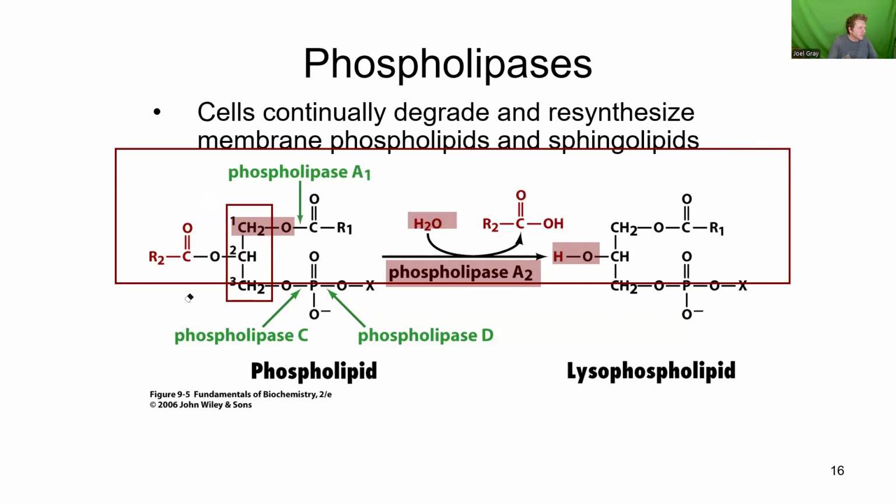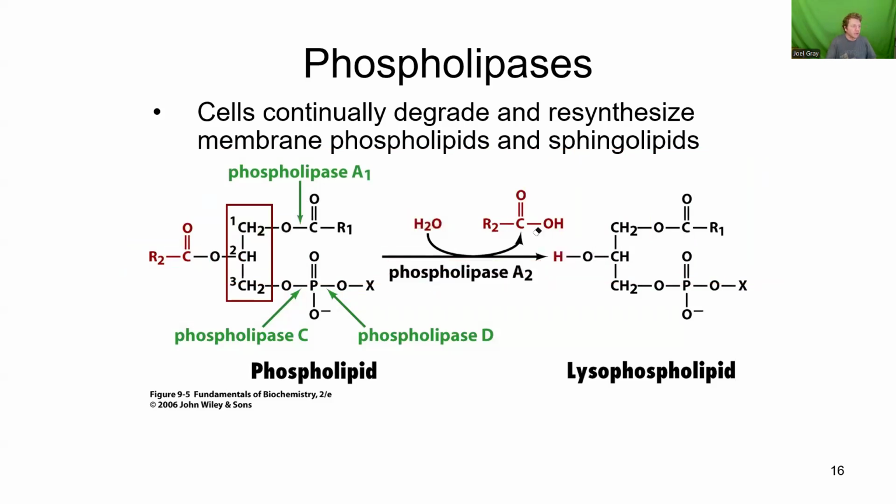Now I'm going to get rid of some of these markings and highlight something else. What sets our glycerophospholipid apart from a triacylglycerol is that phosphate group on our third carbon. And essentially where we cut related to that phosphate group, we're either going to release a head group or a phosphorylated head group.